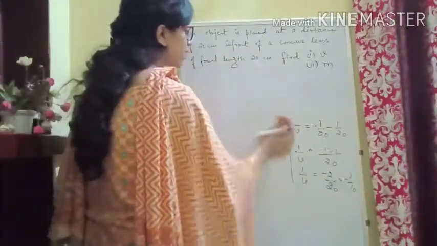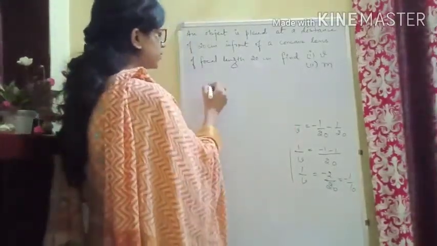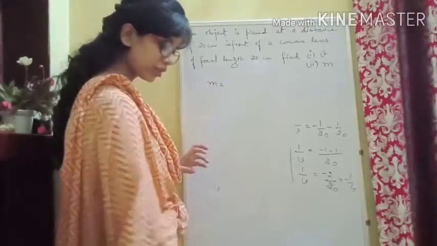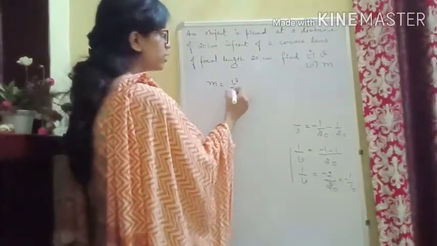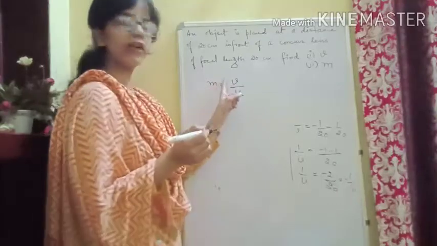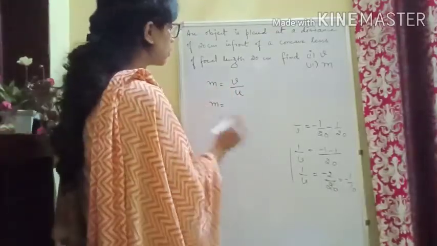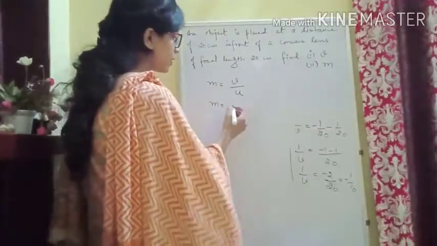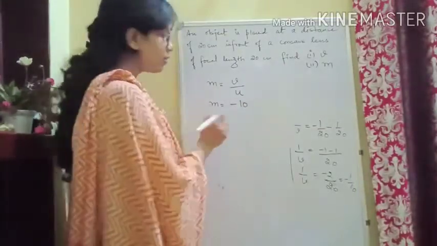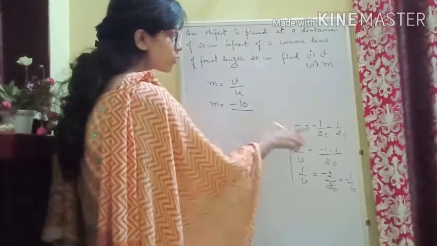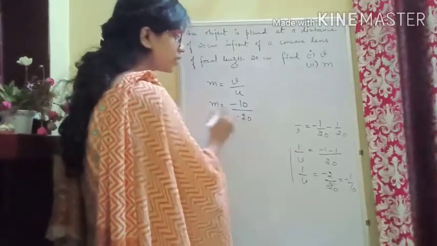To calculate magnification, the simple relation we use this time is V upon U, because we know the value of V and we know the value of U as well. The value of V is minus 10 centimeter upon U, which was given as minus 20 centimeter.